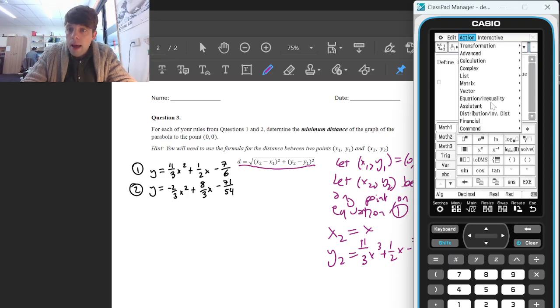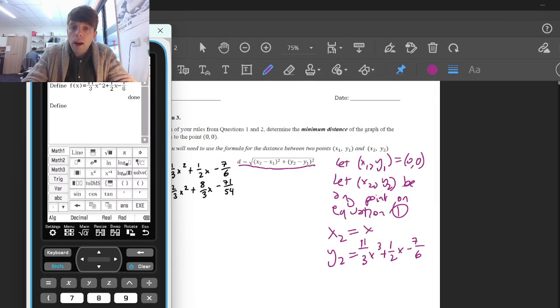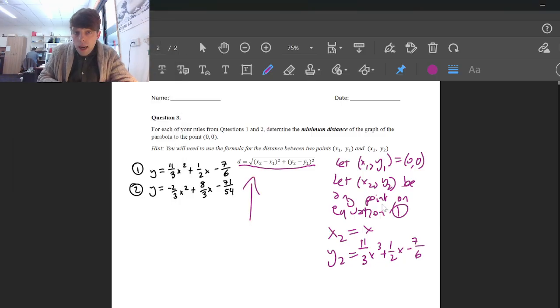So we'll go action, define, and like I did over here, when I plug these things into the equation that we have here, we can see that d is going to be equal to the square root of the difference between the x values. If x2 is x and x1 is 0, it's just going to be x minus 0, which is just x.